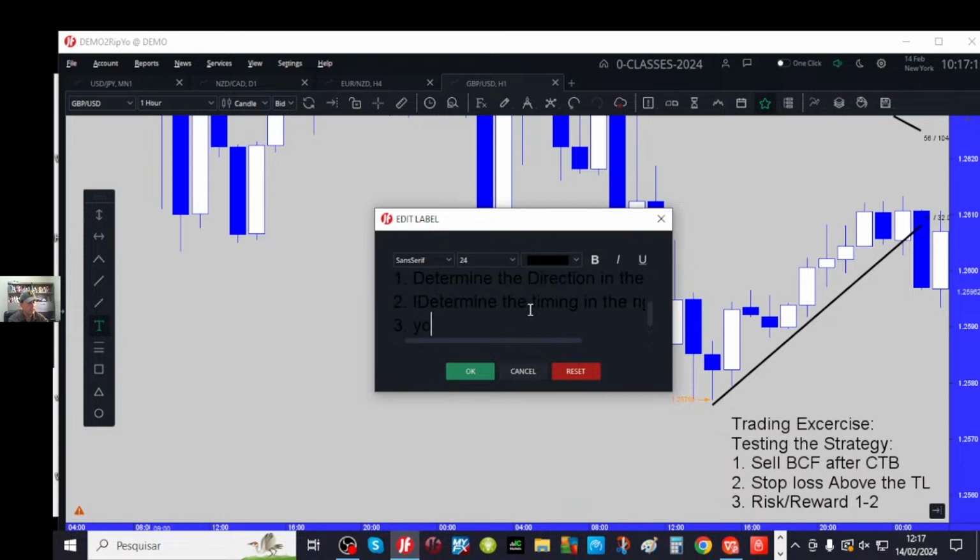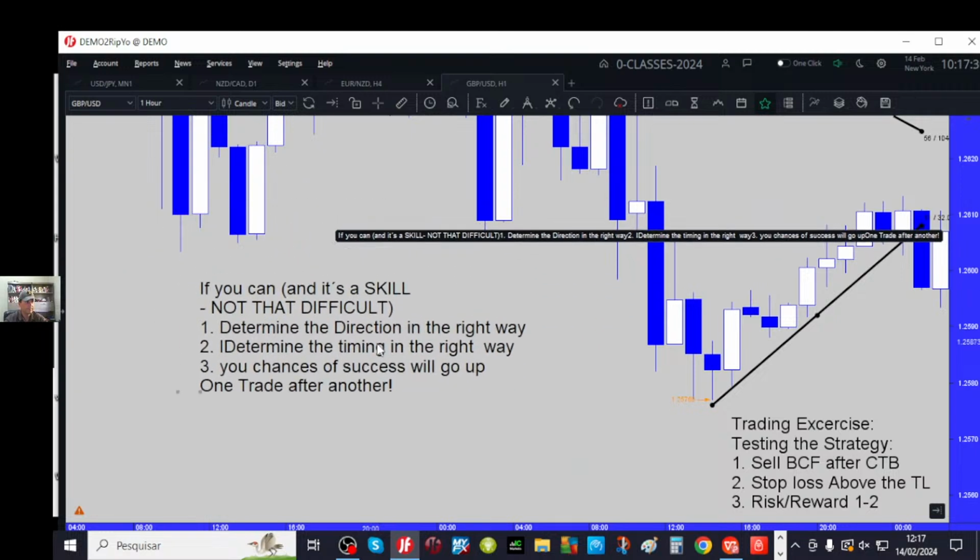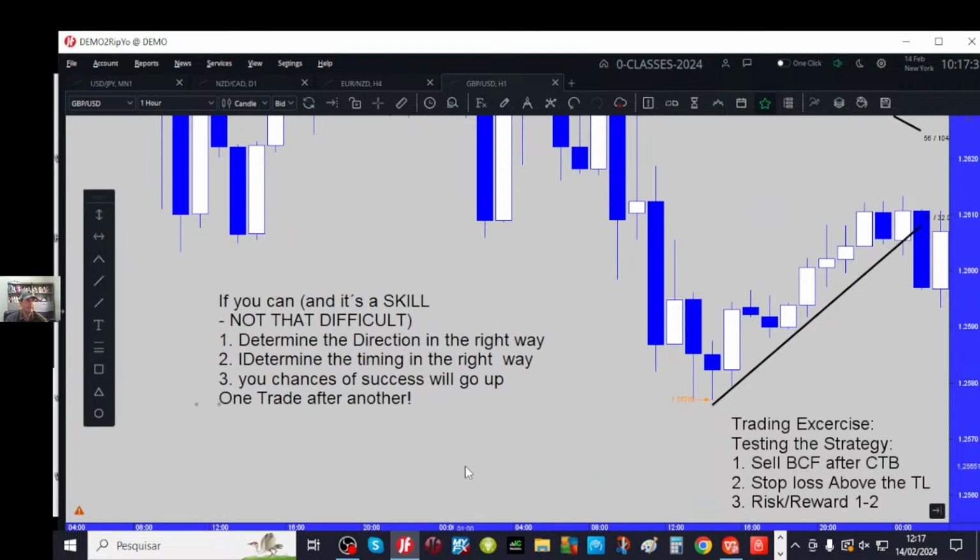Number 3, your chances of success will go up one trade after another. Does this make sense? If you can determine the direction in the right way, determine the timing in the right way, which is counter trendline break with the candlestick formation, a new tool in your arsenal, your chances of success will go up one trade after another. Alright?